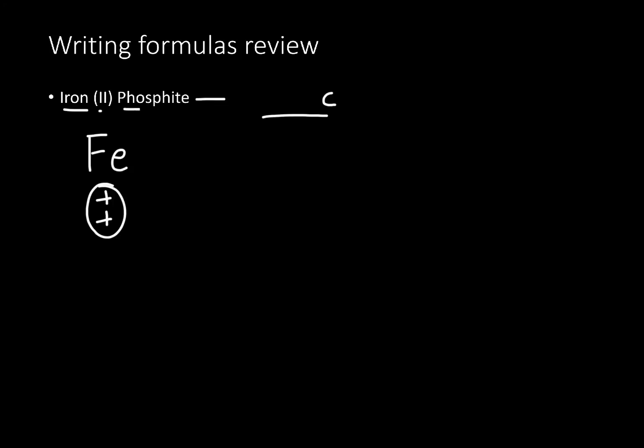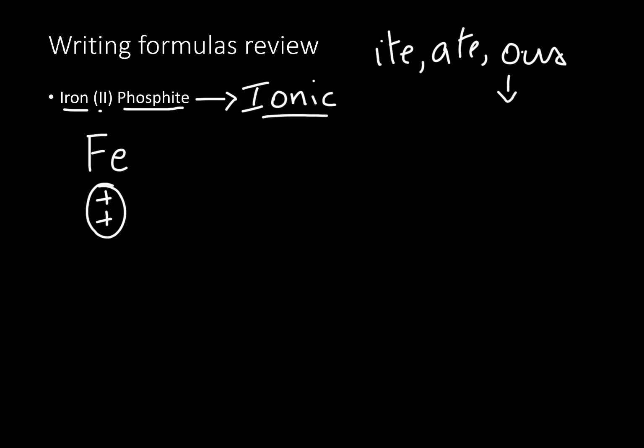The second word is phosphite, and at this point you know it ends with ite, so anything that ends with ite or ate, you are going to refer to your polyatomic ion sheet.